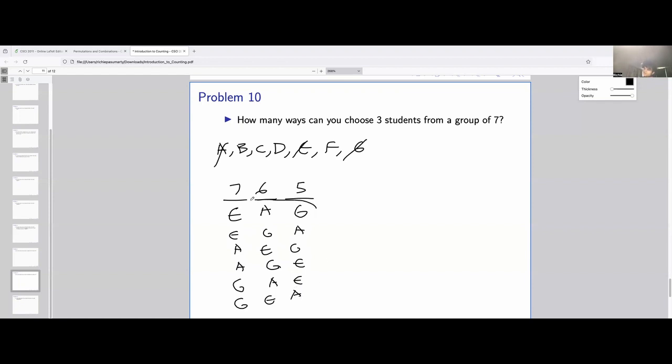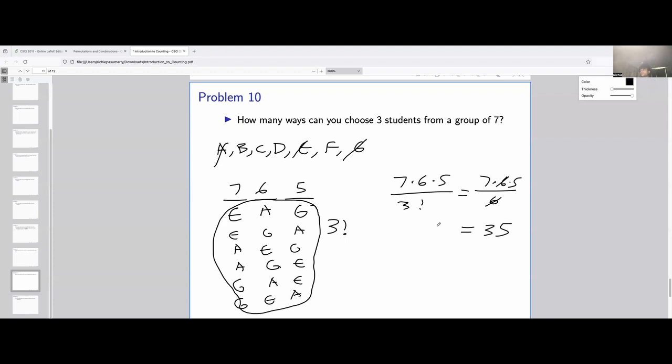As we can see, there are 6 different ways I could have chosen those exact same 3 students. In fact, this is 3 factorial, because the number of orderings of 3 letters is 3 factorial. So my answer is 7 times 6 times 5 over 3 factorial, which is 7 times 6 times 5 over 6. And this ends up being 35.